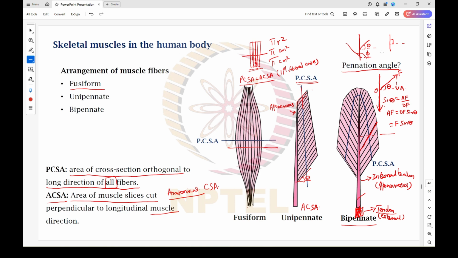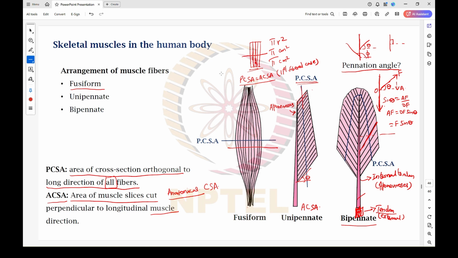Each of the muscle fibers produces an individual force, and these forces sort of culminate and are transmitted across the tendon to the bone, which results in the final movement. The major types that we saw are fusiform, unipennate, bipennate, and there are other forms as well.